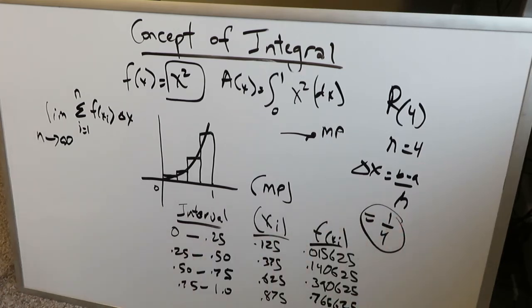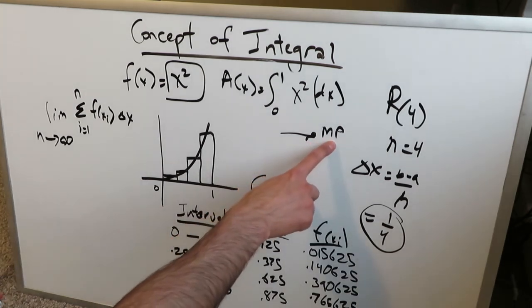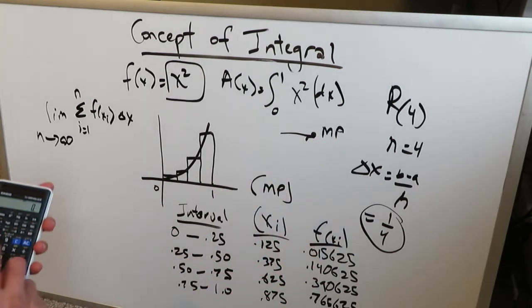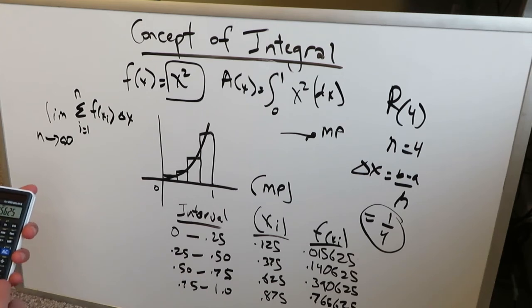Let's add all of these 4 f of xi's and multiply them by 0.25, and we'll get our final Riemann sum, which will represent the area under this curve using the midpoint values. So we're going to add these values here: 0.015625 plus 0.140625 plus 0.390625 plus 0.765625.